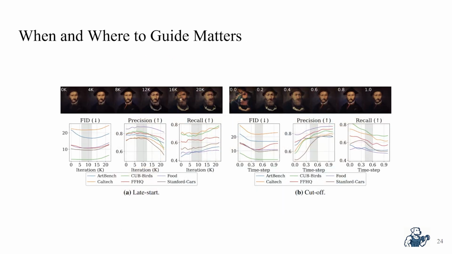We also find out the timing and the placement of the guidance matters. Specifically, we find that skipping the guidance during the first training iterations as well as the first denoising steps allows the model to reach better performance and stability during training. Therefore, we propose 2 simple guidance scheduling mechanisms: late start and cutoff.